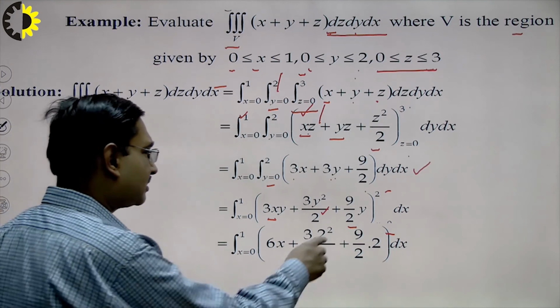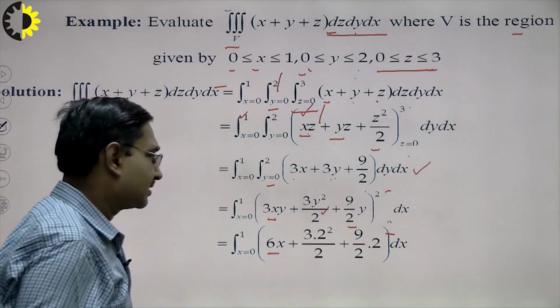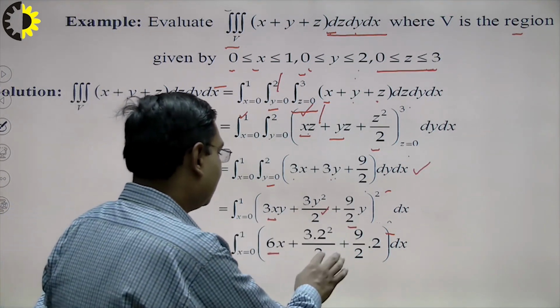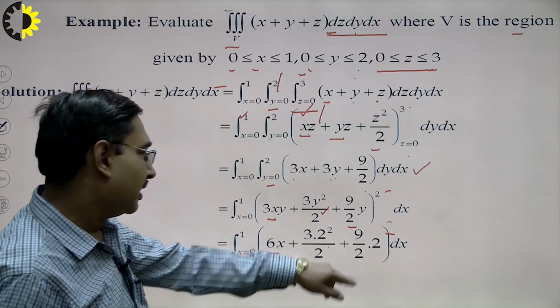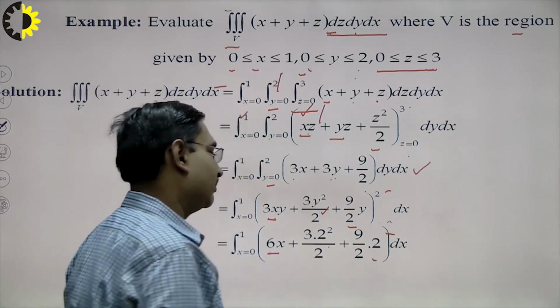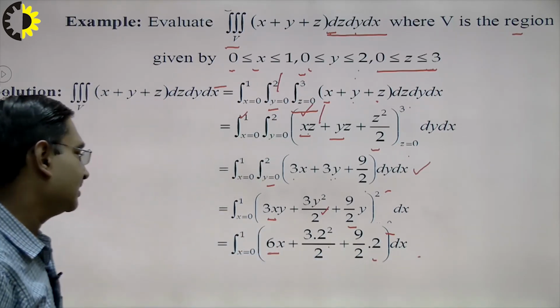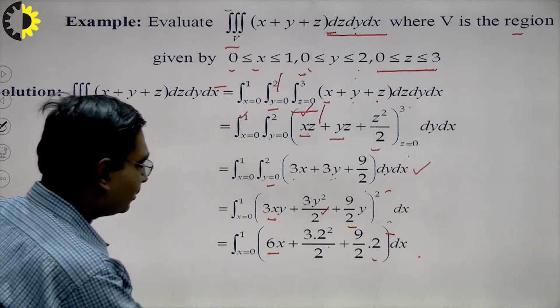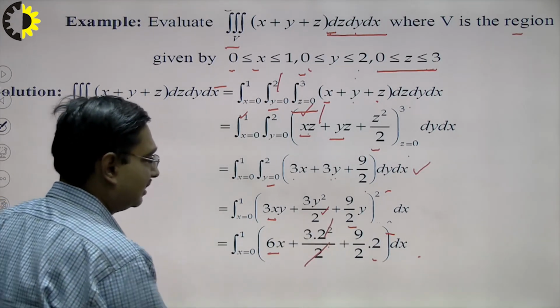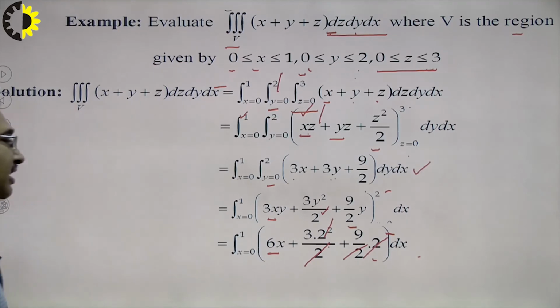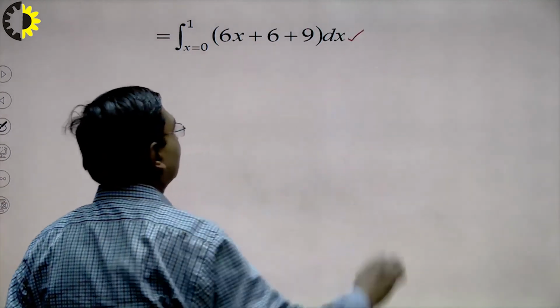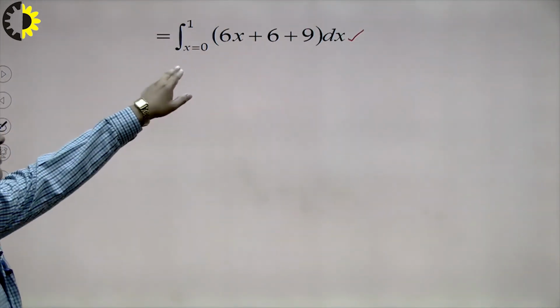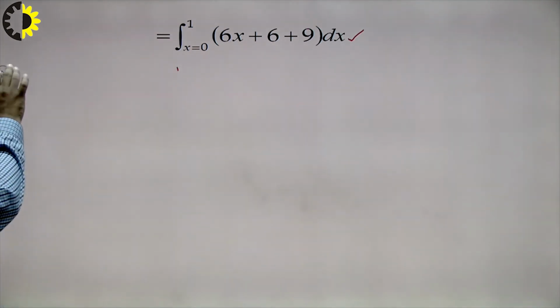Applying these limits, it gives 6x, it gives 3 times 2 square upon 2, it gives 9 by 2 times 2, dx as it is. Simplification, this 2 will cancel out, this 2 will cancel out, and it will give 6x plus 6 plus 9 dx. Limits of x are from 0 to 1.